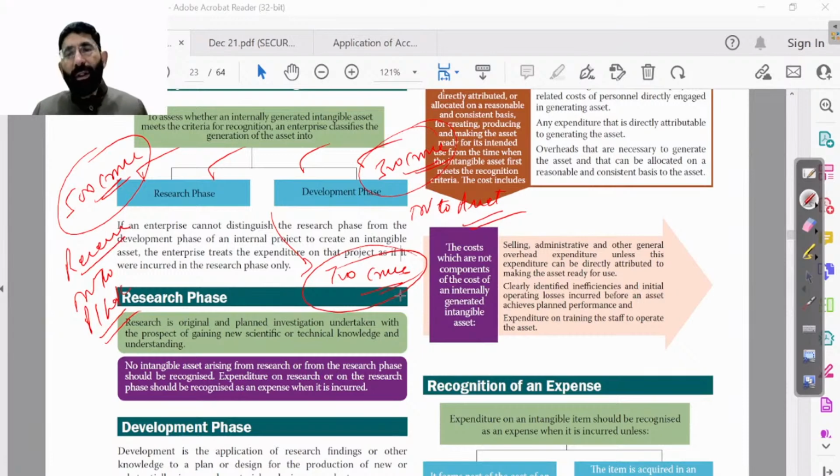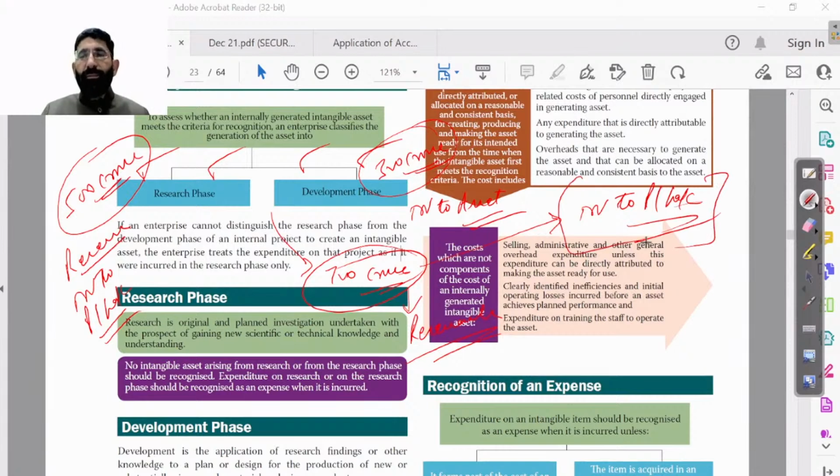Then the total 700 crores will be assumed as a research expense. We will assume that no expenses are incurred in the development phase. Hence, all expenses will be debited to the P&L account as a revenue expense, because that will be assumed as a research expense.